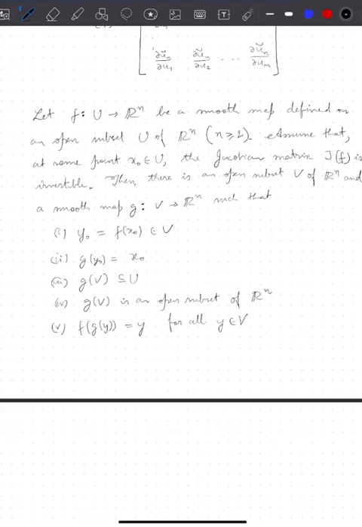And in particular, g from V to g of V, and f from g of V to V, are inverse bijections.